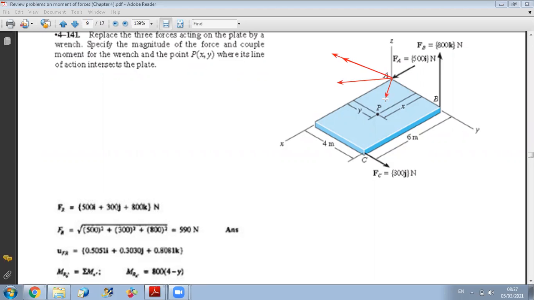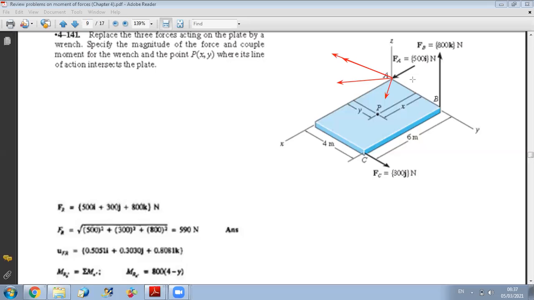Now, when you want to displace your force, it will be displaced on a line of action in 3D, not only along X and Y. Imagine this is the force and you want to remove this moment.